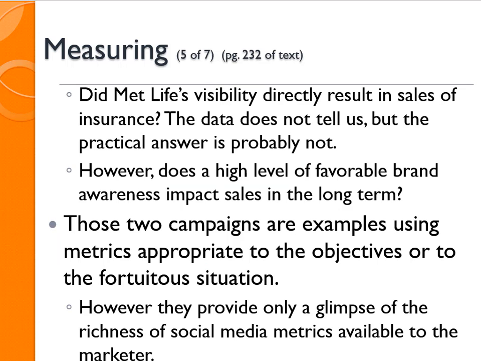So then the question becomes, did MetLife's visibility directly result in sales of insurance for MetLife? But the data has, we have no way of knowing that unless we were looking at, did sales of MetLife go up and it wasn't because of some other reason? But probably not.